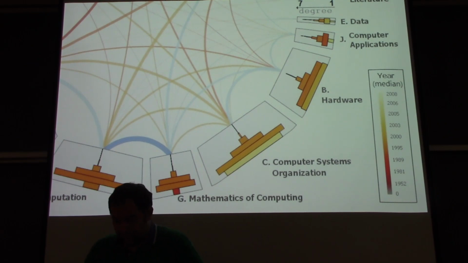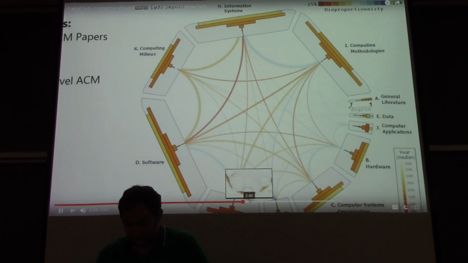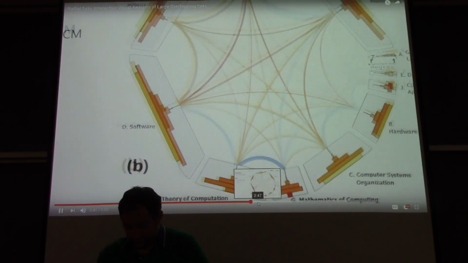Moreover, the histogram bars can be colored according to an attribute of the elements they represent. This reveals how this attribute correlates with the set memberships. Likewise, the links can also be colored by an attribute of the overlaps they represent. For example, we can easily find out which overlaps represent a higher disproportionality.